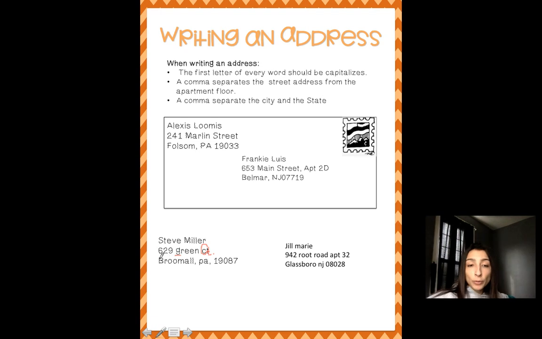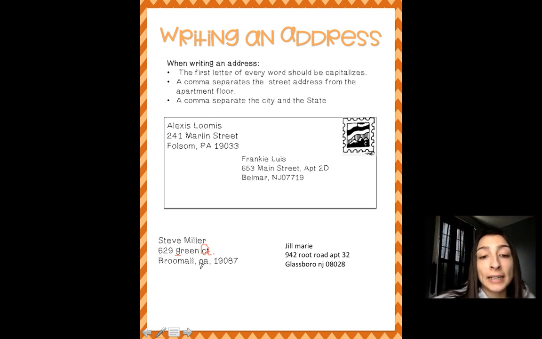And then we have Broomall, which is a capital letter. And then Pennsylvania, since it is a state, needs to be capitalized, with P-A. So when you're working, make sure you're looking for all of these things that we've already learned, especially our abbreviations, because they do come back when we are working on addresses and certain capitalization.